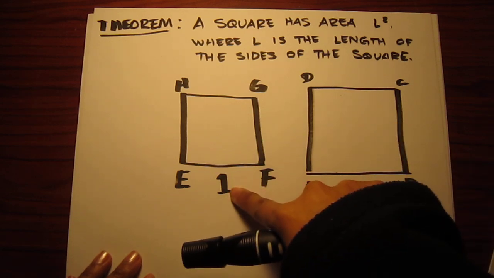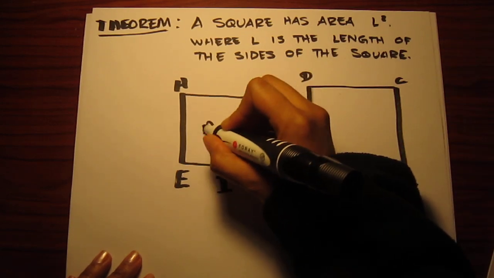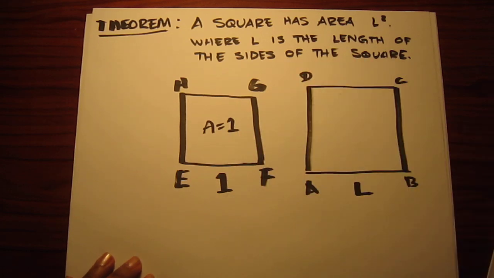So therefore, if the side length is 1, then the area of this must equal 1.